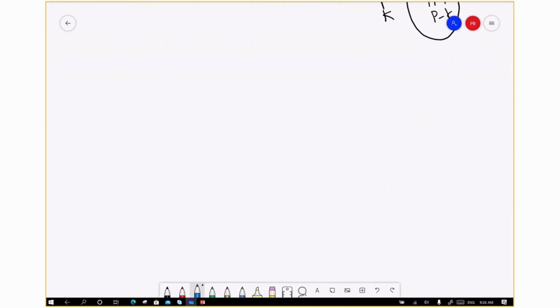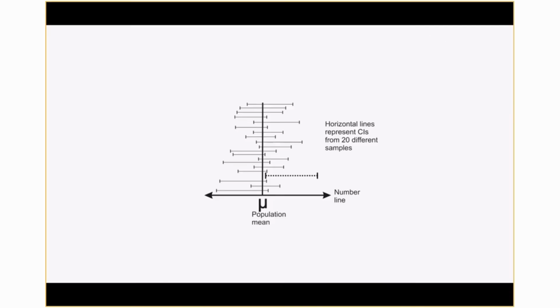So, what the heck is a 95% confidence interval? I just want to give a quick overview. Let's assume that the population of interest is the IQ of students that are present in Old Scona High School, kind of an elite high school, in the fall of 2020. Down here, we've got a number line.